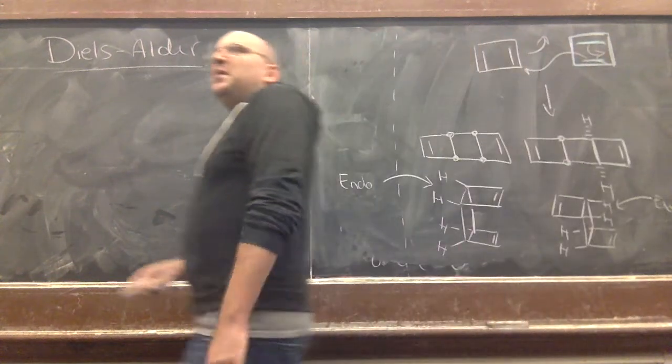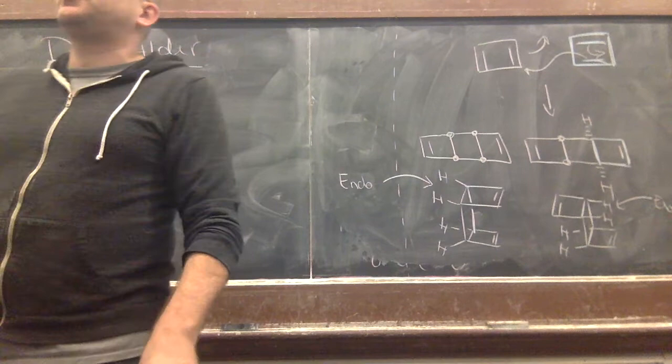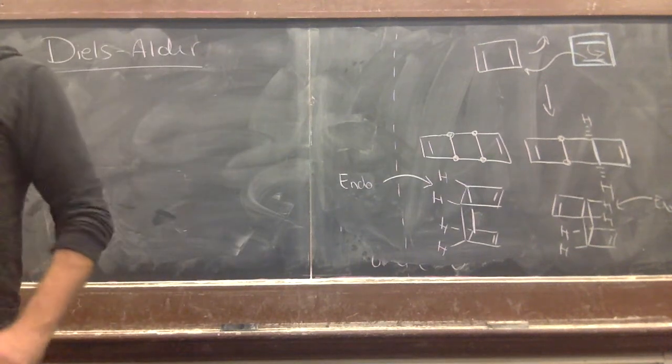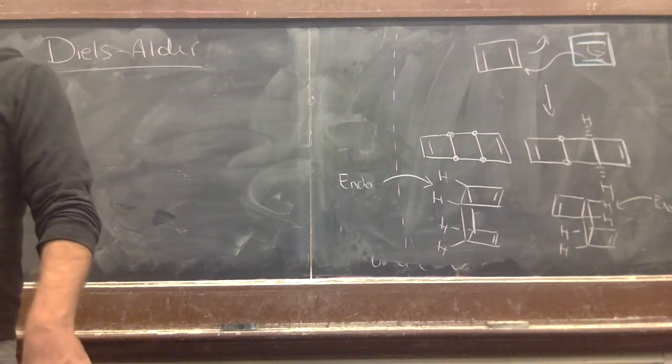Okay? Now, if I were to give you these 2 possibilities, and I was to tell you that this is a highly selective reaction that only led to one of these 2 stereoisomers, which one would you guess? I've got 1 vote for endo. I've got a vote for exo. What would you guys think?